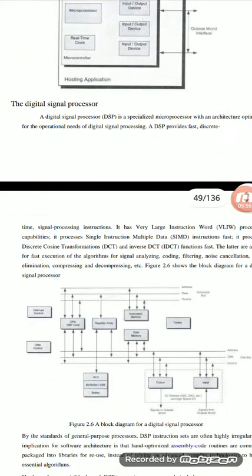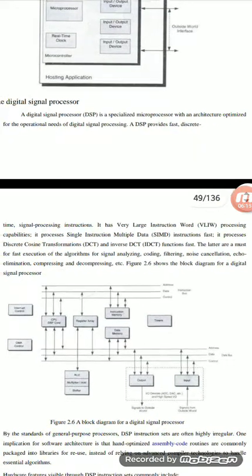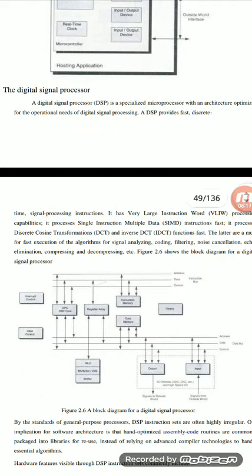Next, digital signal processing. In digital signal processing, we use some external activities. External activities means we have to enter some clock pulses, or we have added some clock pulses. See, guys, a digital signal processor is a specialized microprocessor with an architecture optimized for the operational needs of digital signal processing.